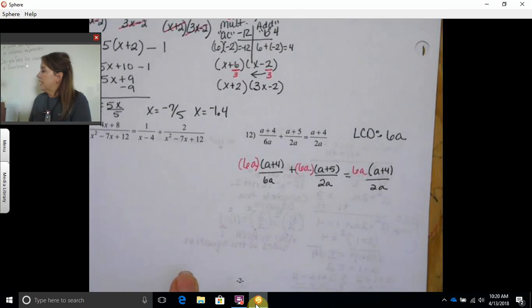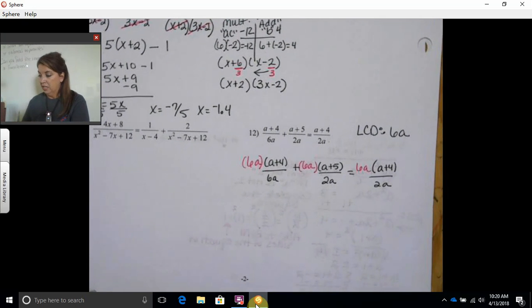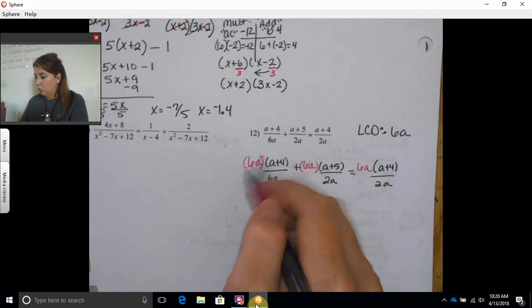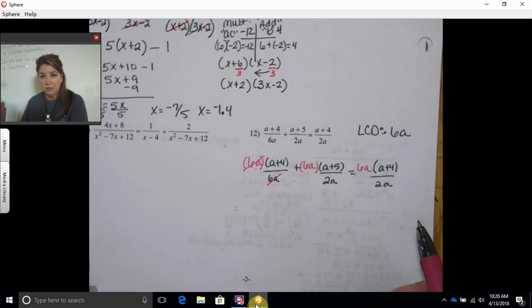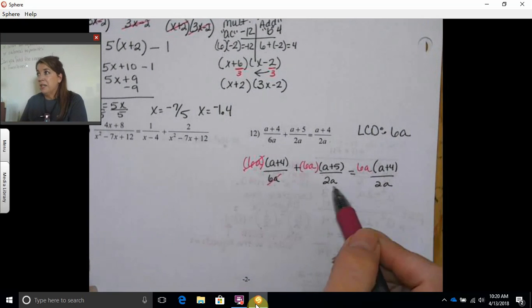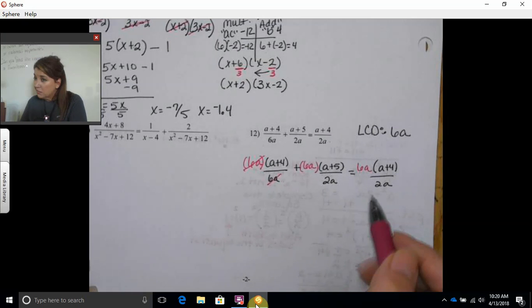And then I'm going to cancel where I can, reduce where I can. So in my first term, 6a divided by 6a is 1, so we just say that cancels. 6a divided by 2a, is that 1? No, well, what's 6a divided by 2a? 3a?